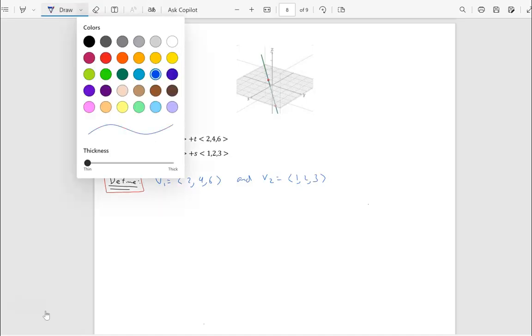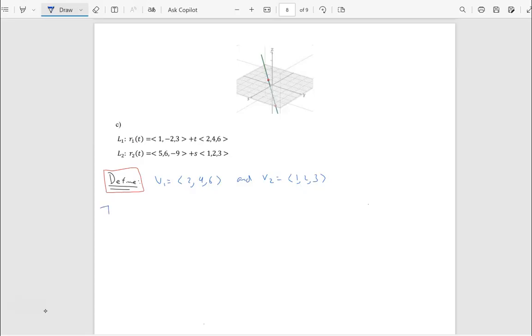So let me just make a statement here. The vectors are parallel, or the direction vectors.